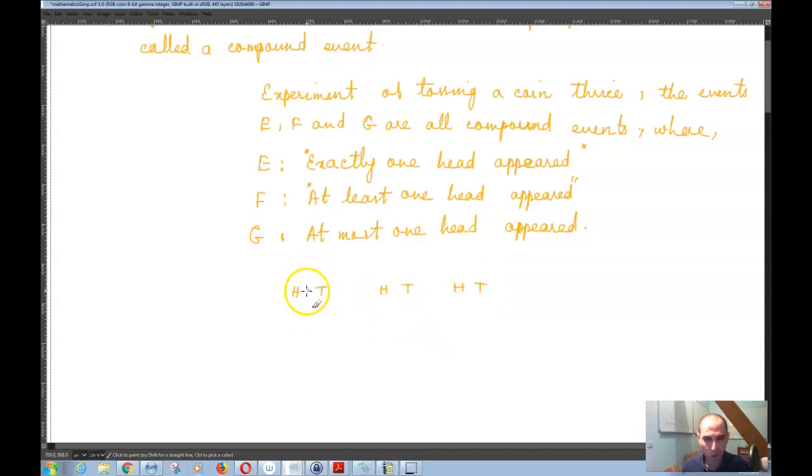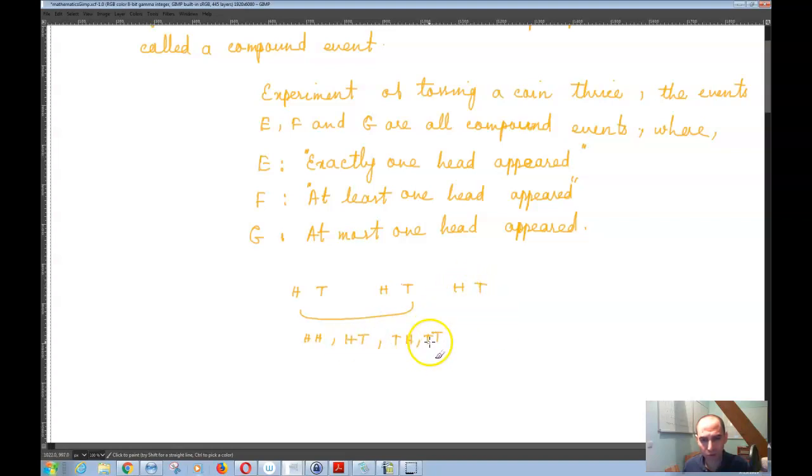Taking these two together, you would get HH, HT, TH, and TT.